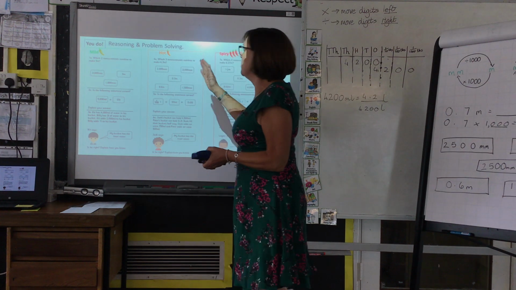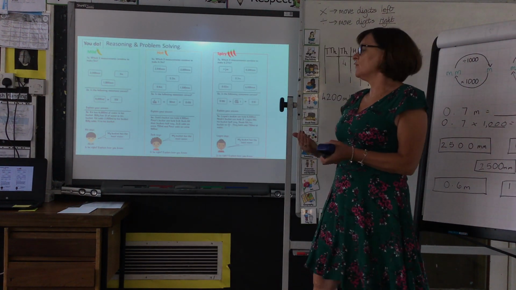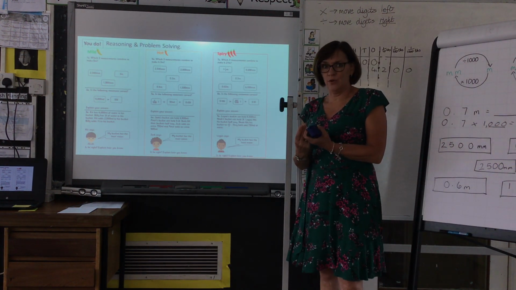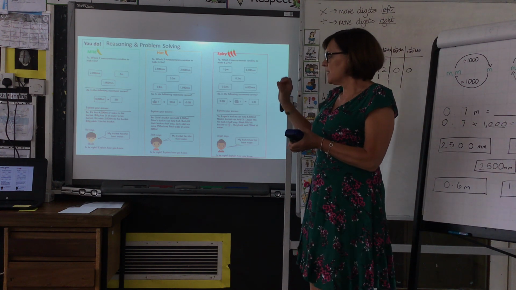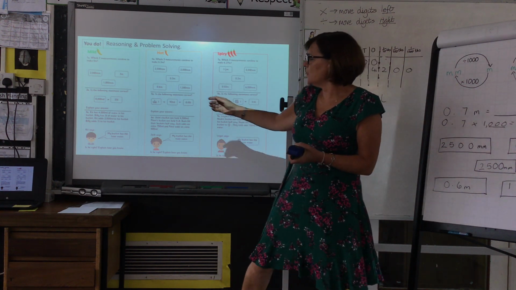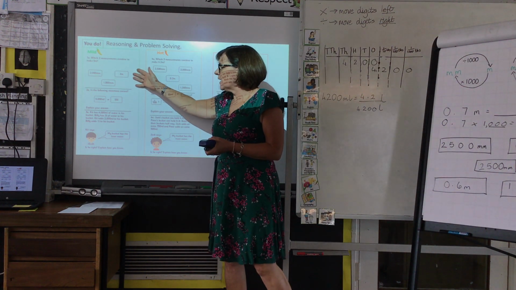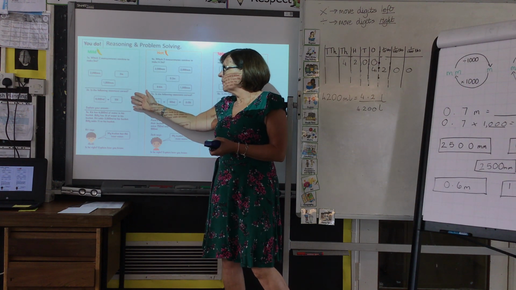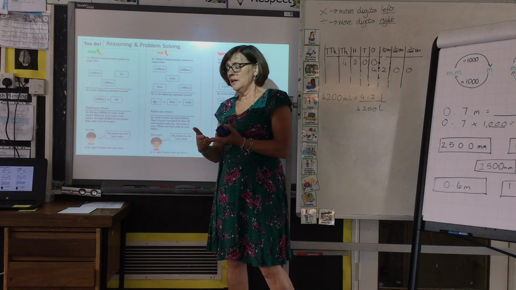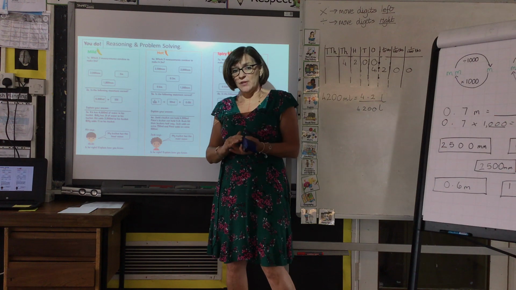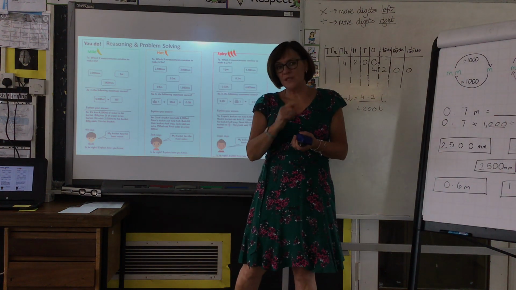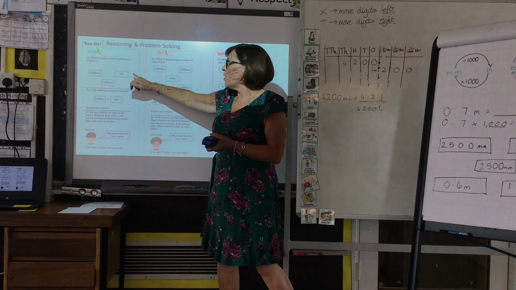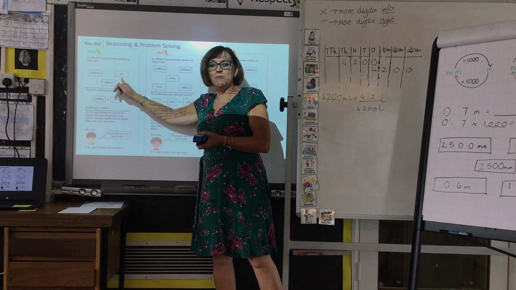Now, that might be quite easy for you today because we've done lots of practice on this. So I would suggest you move on to this reasoning and problem solving, where you're applying what you know. So, similar idea that you are asked a question like, what do you need to combine, what do you need to add together? So you need to maybe do some different sums. My top tip is that you should always convert to the same unit.